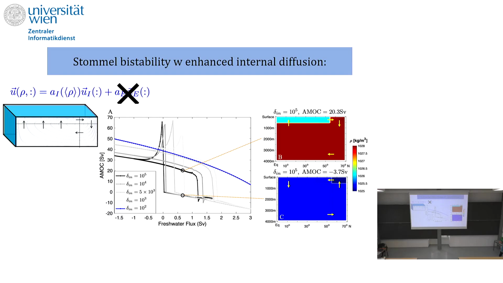In this way you practically get 4 boxes, and then you can tweak the parameters and see that you can get this bistability that Stommel saw. And moreover, if you increase more and more the diffusivity between the boundaries, you get a single stable solution as expected from the theory. So this is just a sanity check.